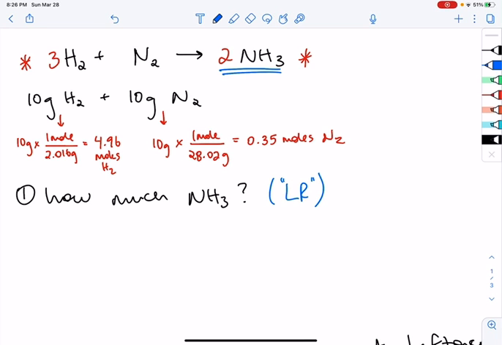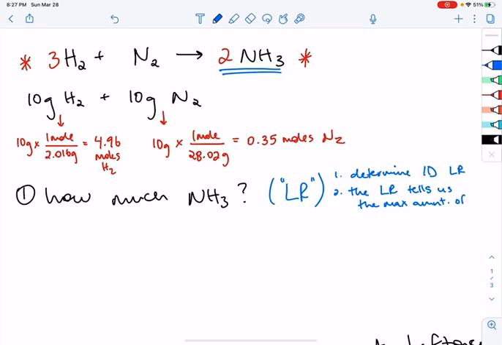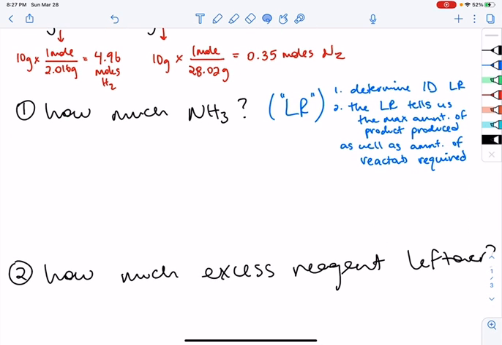So you want to figure out what the limiting reagent is, right? 1, determine the identity of the limiting reagent, and 2, understand that the limiting reagent tells us the max amount of product produced as well as the amount of reactants required, right? We've already learned all of this stuff, so this should feel like review, okay?